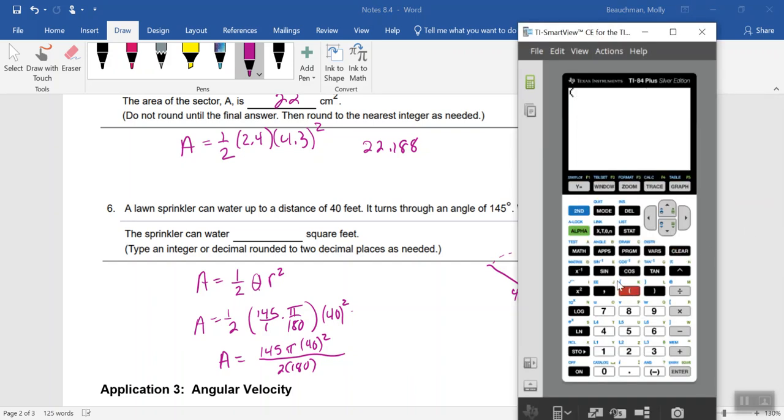So I'm going to put parentheses around the numerator, 145 times pi times 40 squared. Then I'm going to take that value, parentheses, divided by 2 times 180, which is 360. If you put 2 times 180, you have to put parentheses around them in the bottom. And I get 2024, and we want 2 decimal places, 2024.58.